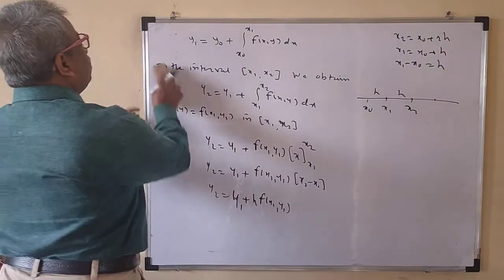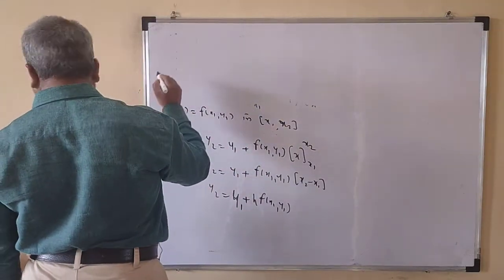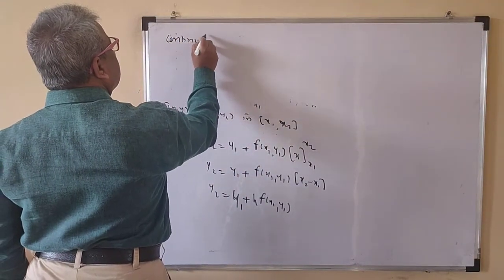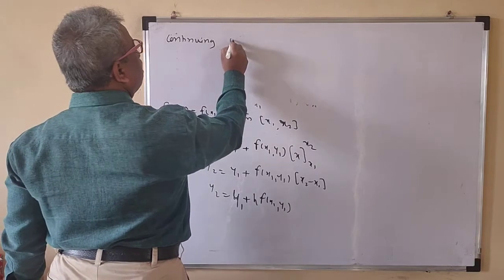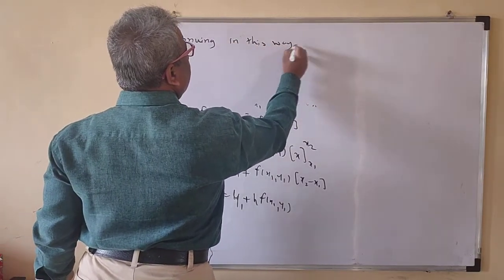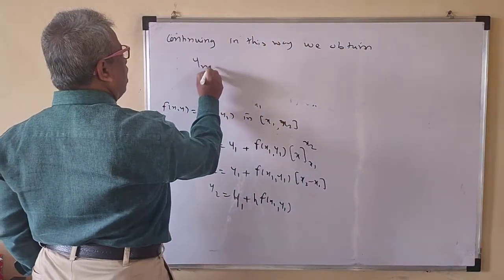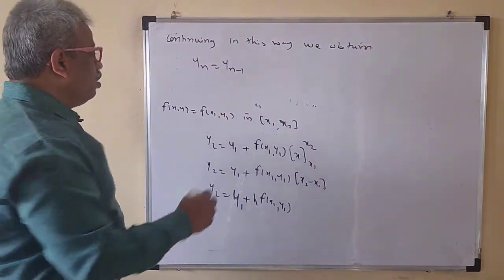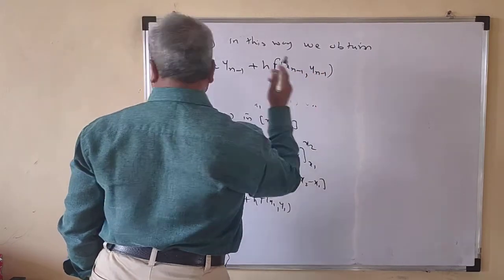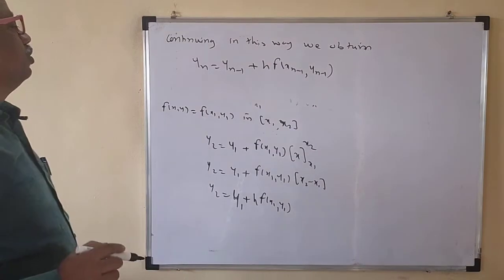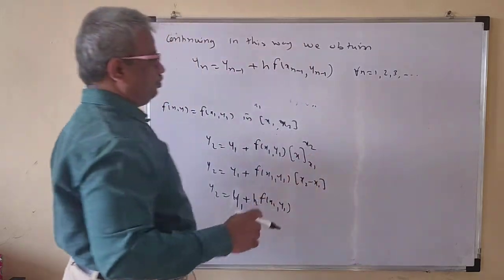Continuing in this way, we obtain yn = yn-1 + h f(xn-1, yn-1) for all n = 1, 2, 3, and so on.